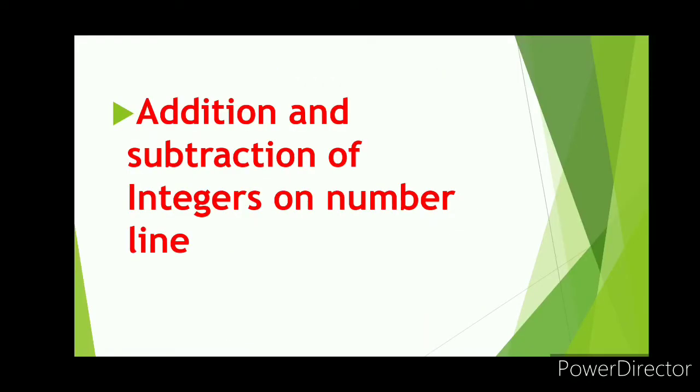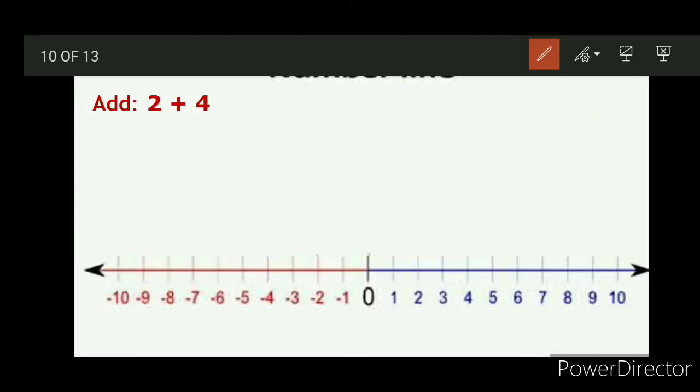Okay, children, now we are going to revise how to add and subtract integers using the number line. Now we are going to add 2 and 4. The two are positive numbers, so on the number line we mark them on the right-hand side. First 2, 0 to 2.